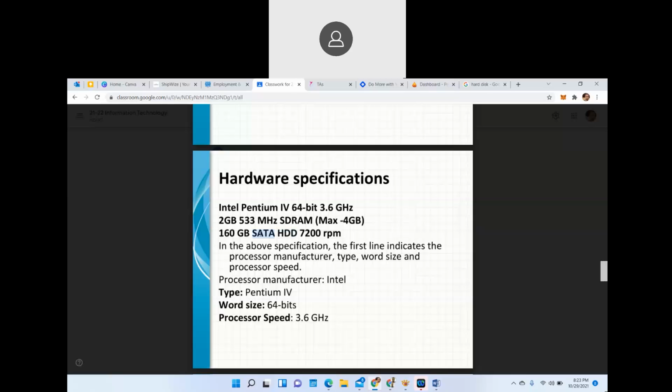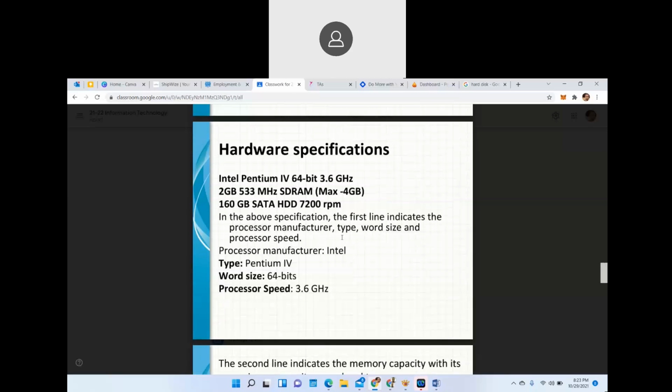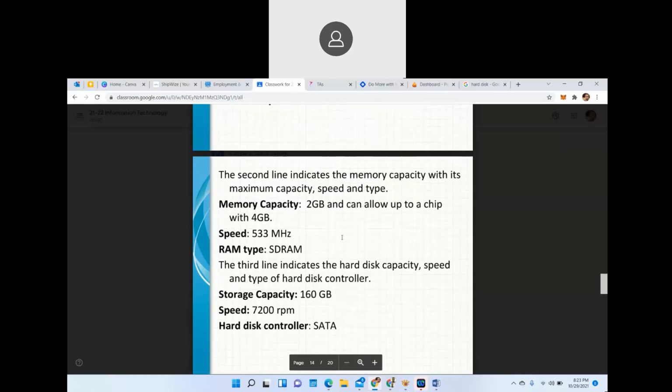SATA would be the type of hard drive, and 7200 RPM would be the speed of the hard drive. 7200 revolutions per minute. Okay? So if you're going over this document, it really explains all of that right there.